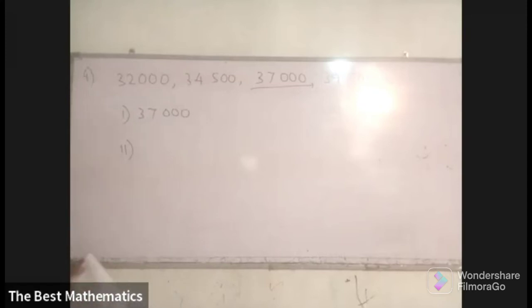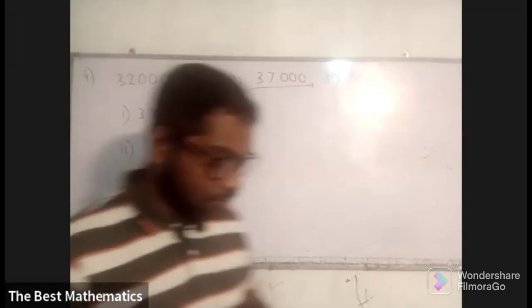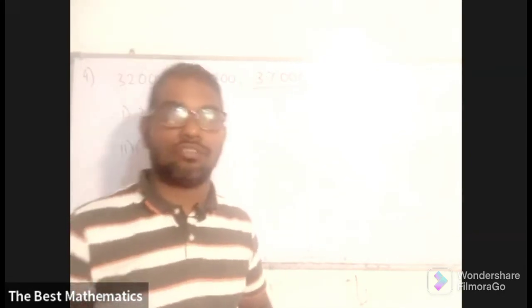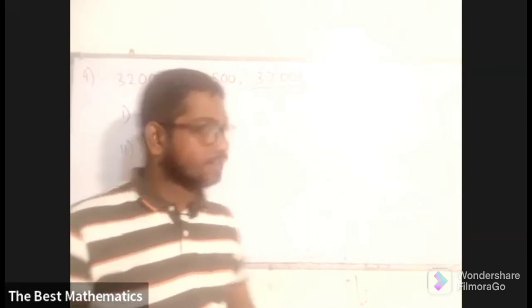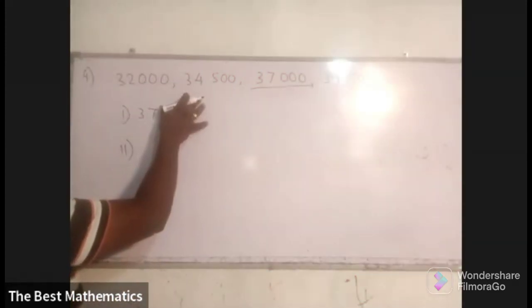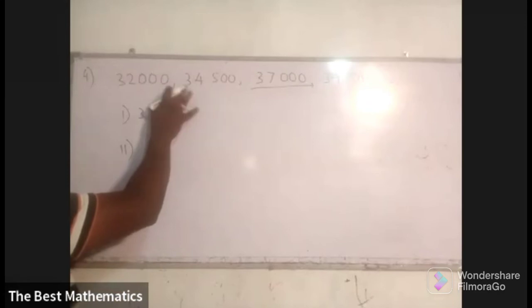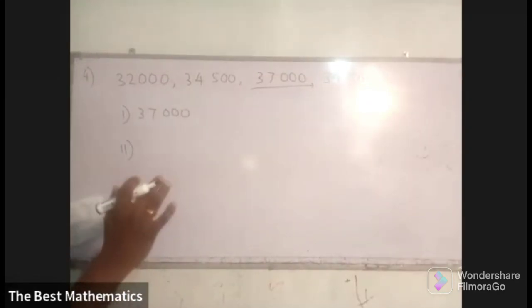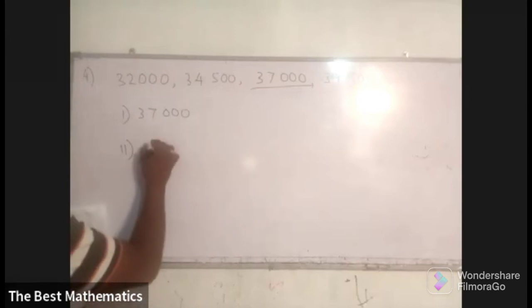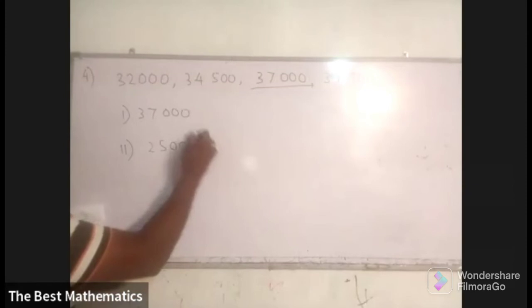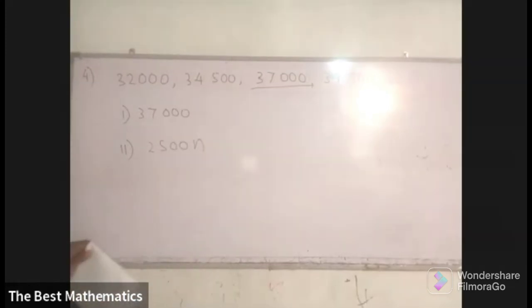Yes, very good. We have discussed this. How to derive a general term for a given number pattern? Consider any two terms and find the common difference. Here we don't need to consider two terms because the common difference was given in the sum. That is 2,500. Apply n for that: 2,500n.